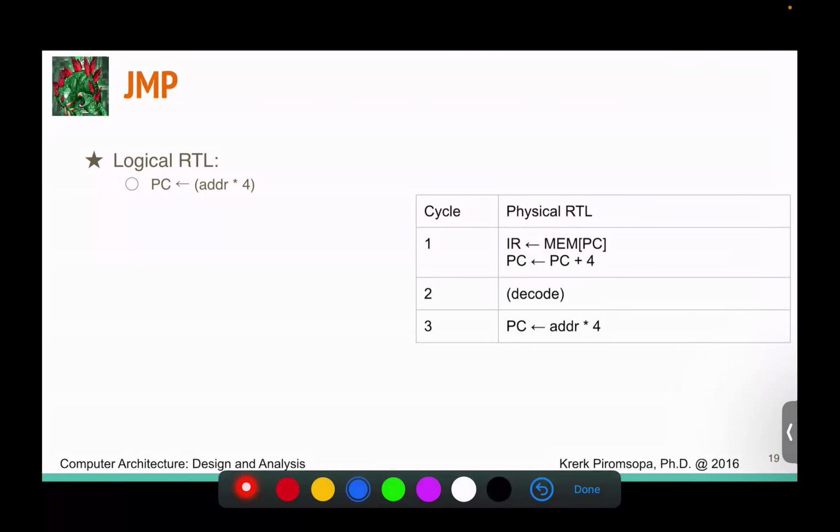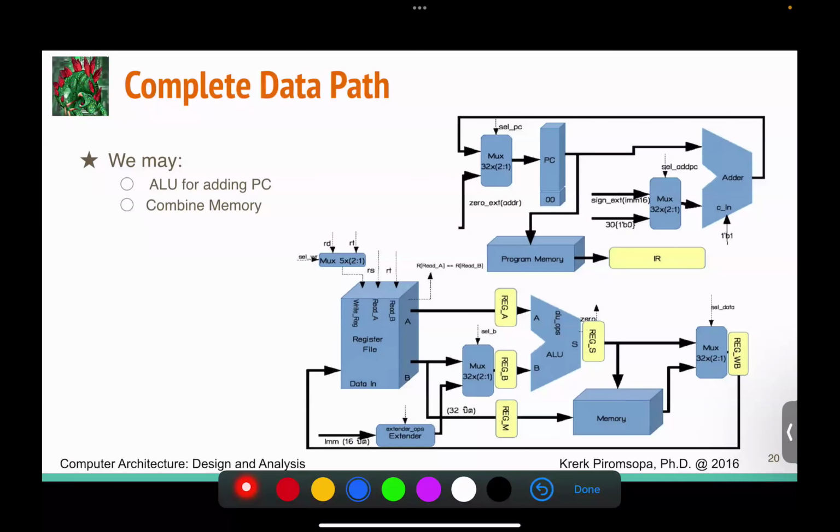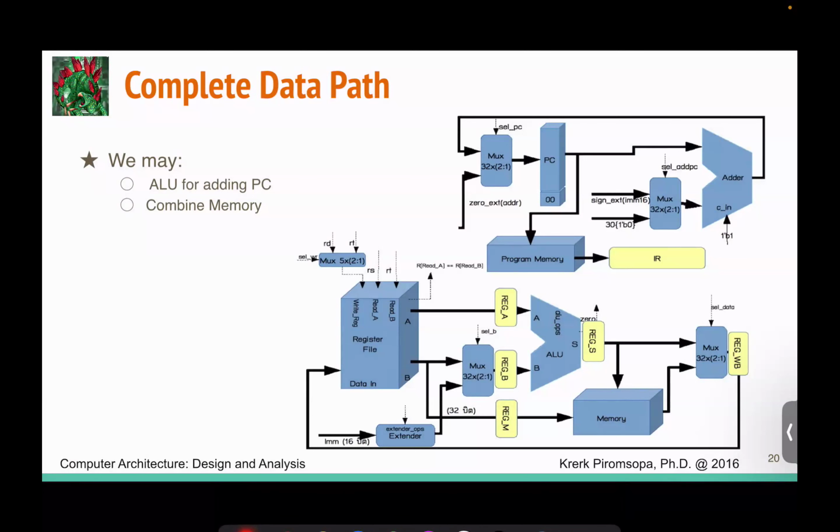Jump, you can also do in 3 cycles. Okay, put them all together. This is how our new data path is gonna look. All right. Any questions so far? Or do you want me to explain which part in specific detail?